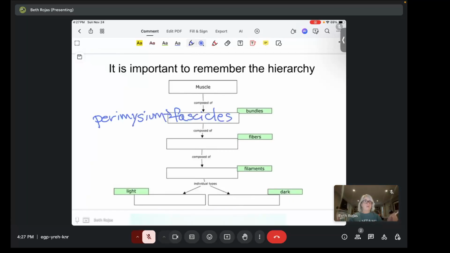What wraps the entire muscle? Epimysium. Okay. The fascicles are composed of fibers. What are those called? They're called muscle fibers, not really anything exciting. Or cells. What are they wrapped by? Endomysium.